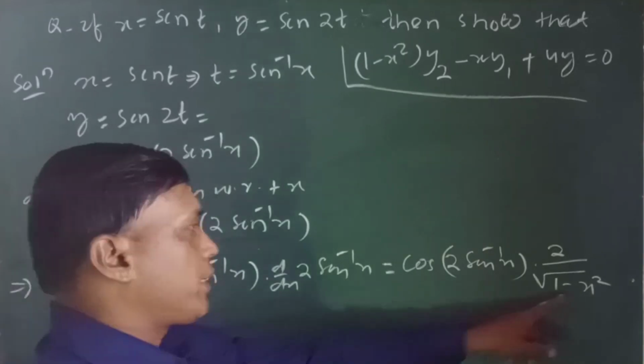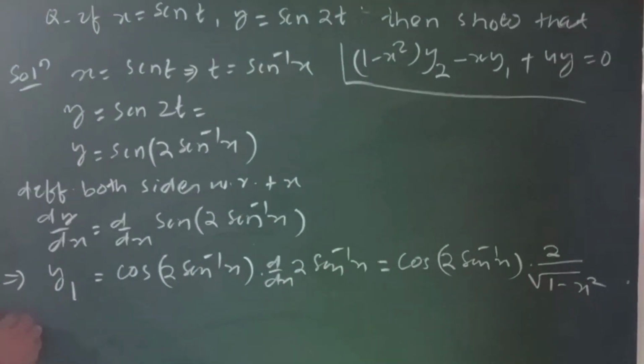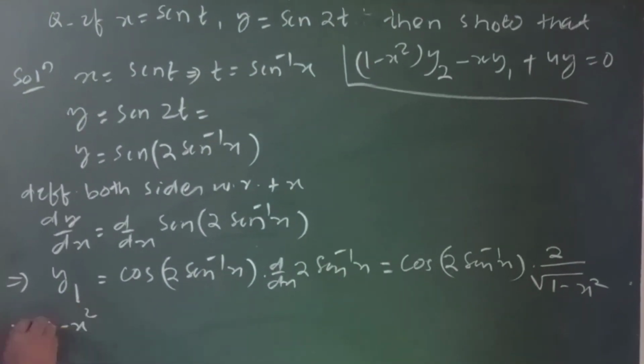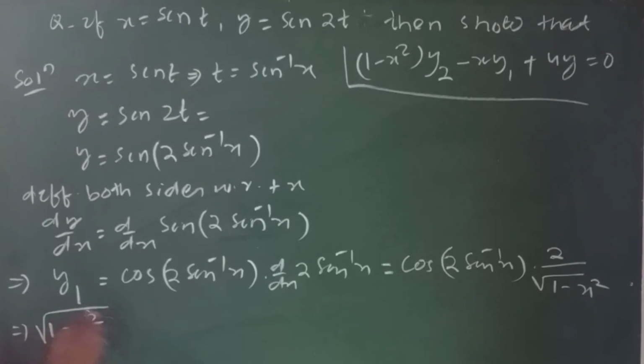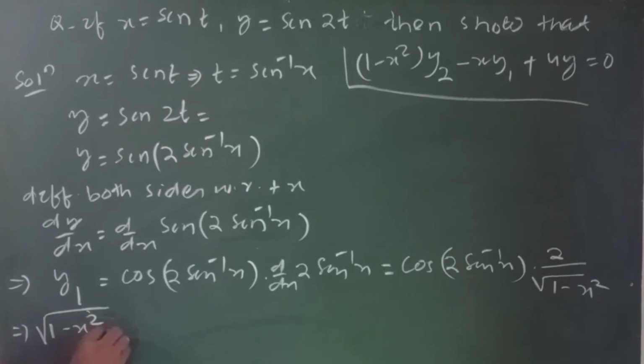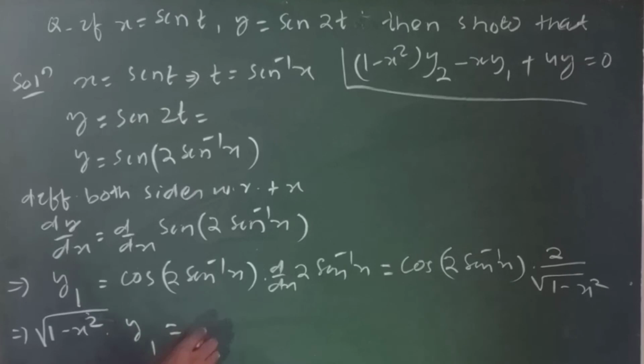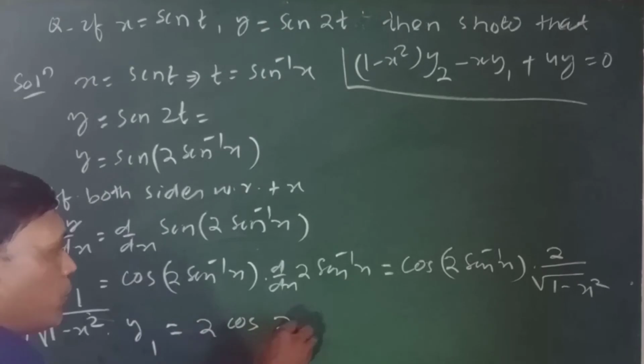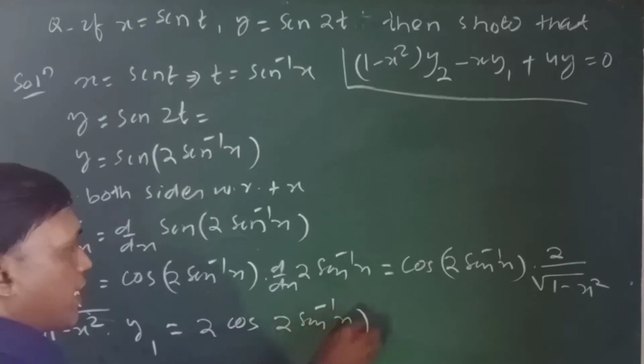Multiplying this here, we get 1 by root over (1 minus x square) into y1 is equal to 2 cos 2 sin inverse x.